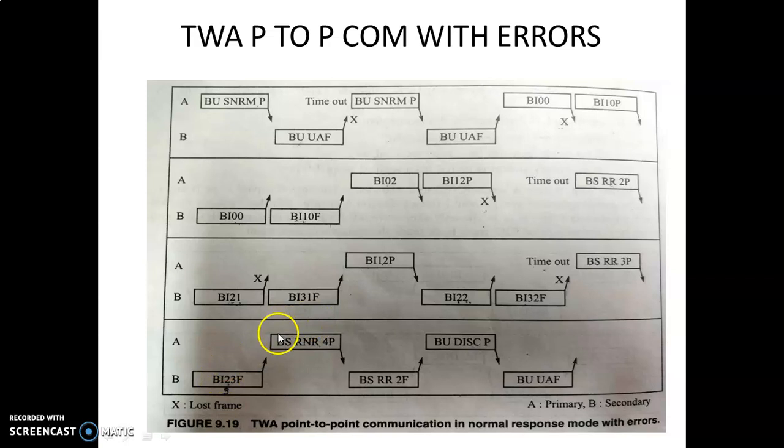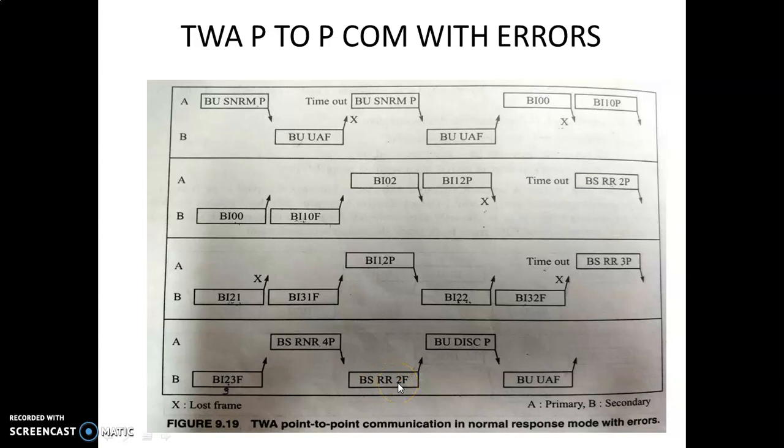Now A doesn't want more frames from B, so it sends a supervisory frame telling its unwillingness using this particular command, receive not ready 4. I don't want your fourth frame. The only option remaining would be sending RR2.